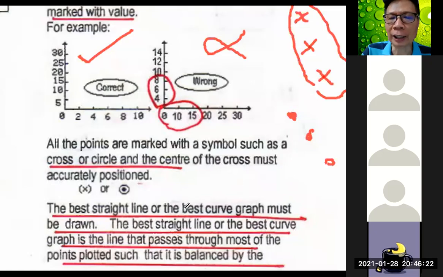In fact, when you do an experiment, collect the data in the table, then plot the graph, most of the time you will find it hard to draw a line that passes through all the points. I think it's impossible. You will not get that kind of graph where the line passes through all the points. So what we can do is draw the best line or best fit.